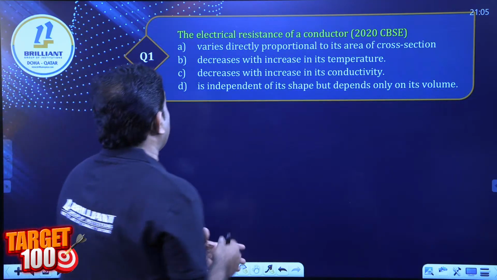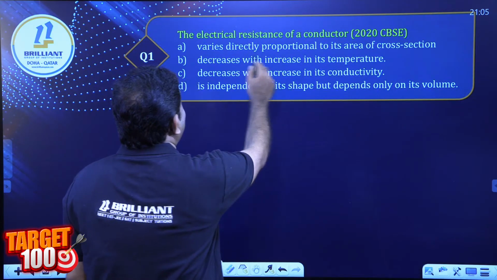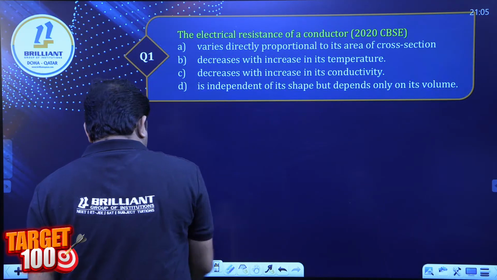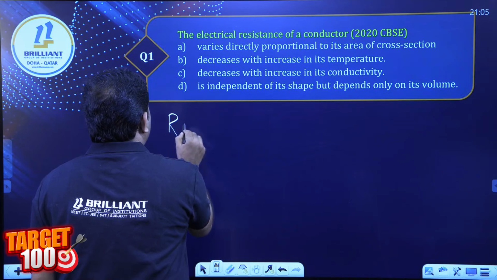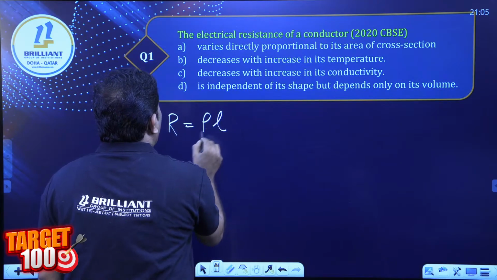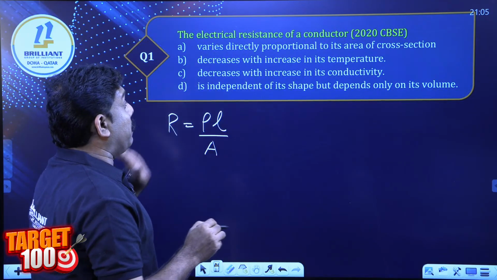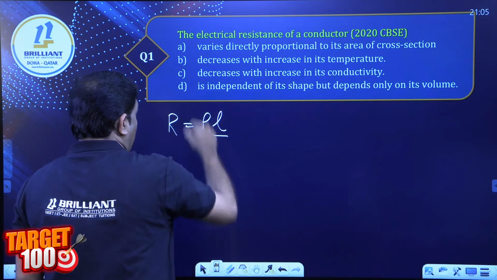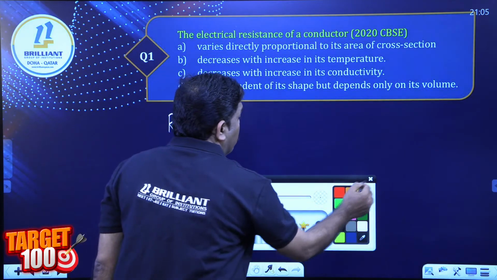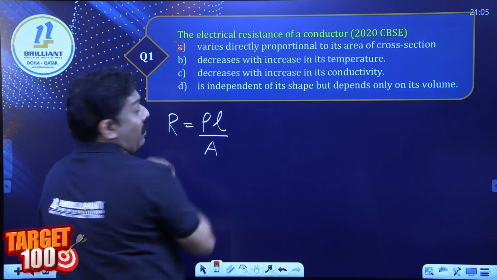The electrical resistance formula we know is R equals rho L by A. So it is not directly proportional to area of cross section. So the first option is definitely wrong.